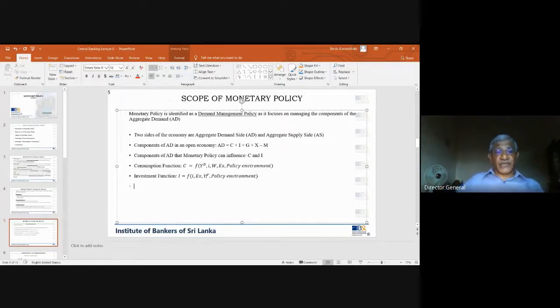If you are a frequent reader of newspapers and all those things, you may have seen the central bank publishes from time to time a business confidence survey. The statistics department of the central bank conducts surveys. One survey they conduct is the business confidence survey, because they interview business people after selecting them on a random basis and ask questions from them.